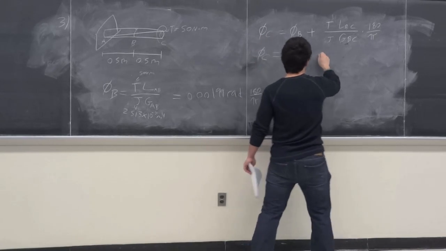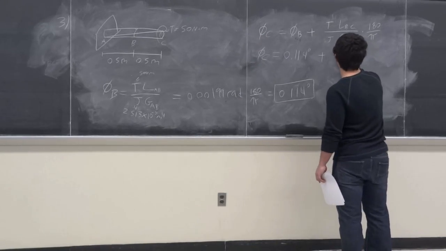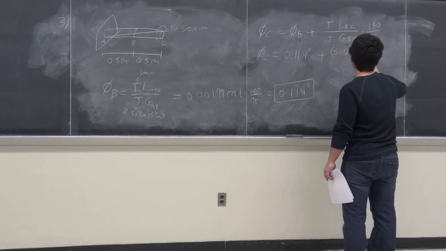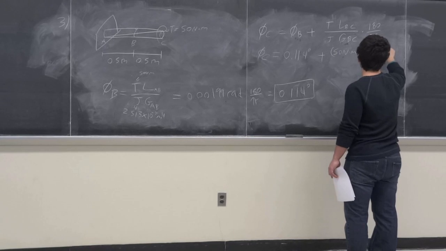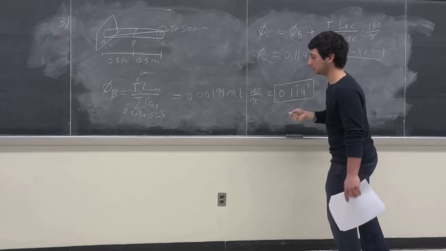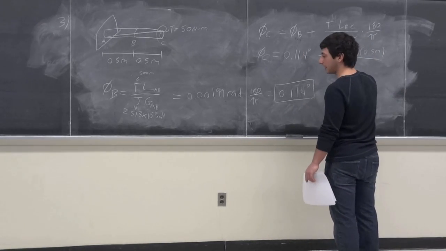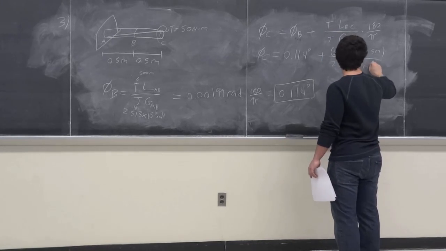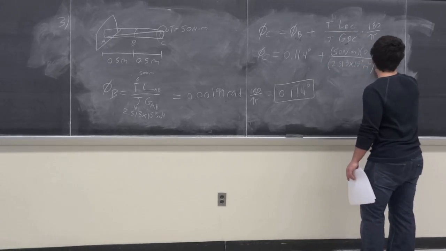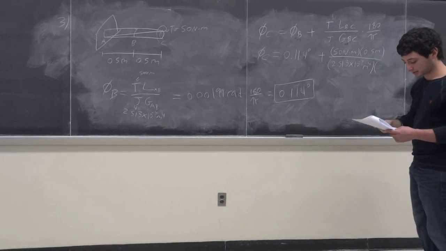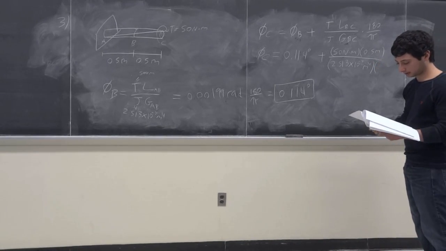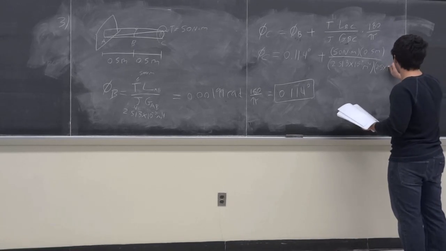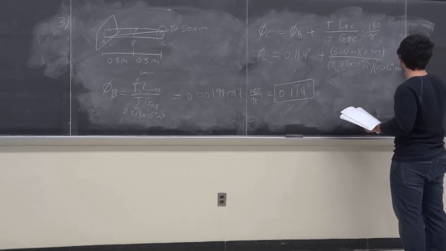0.114 degrees plus, I'll just substitute the values in because I have time. 50 Newton meters multiplied by 0.5 meters, all over J, which was 2.513 times 10 to the negative 7 meters to the fourth, and the shear modulus, what was it? 25 times 10 to the 9 Pa.